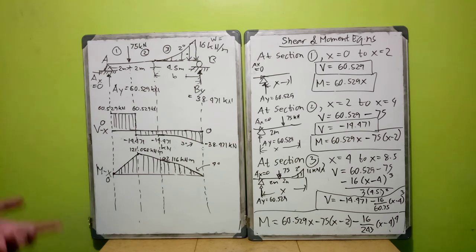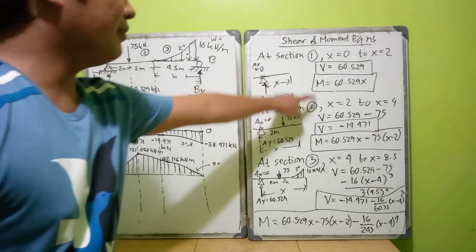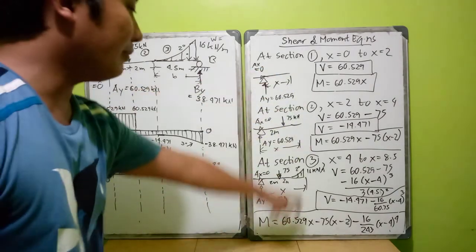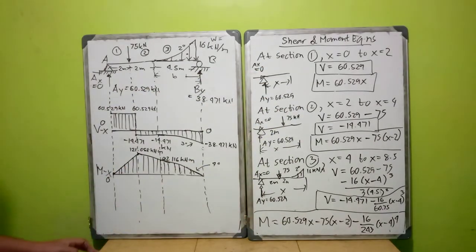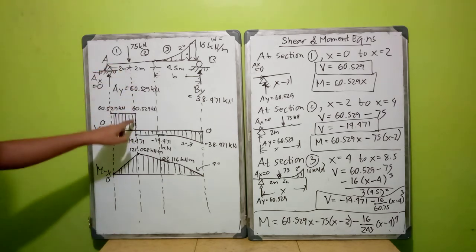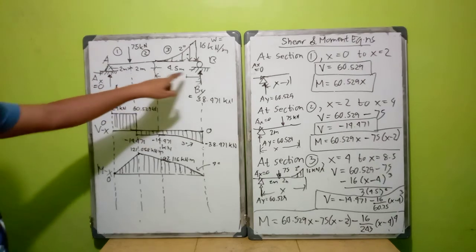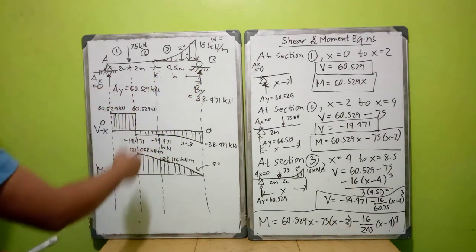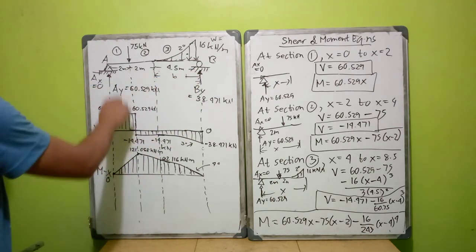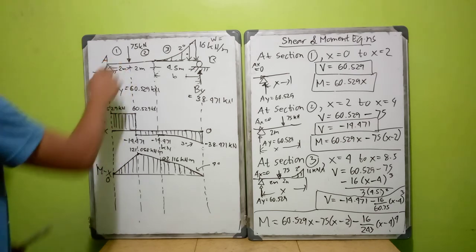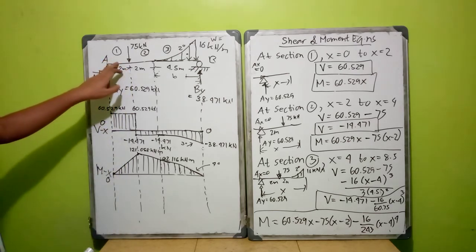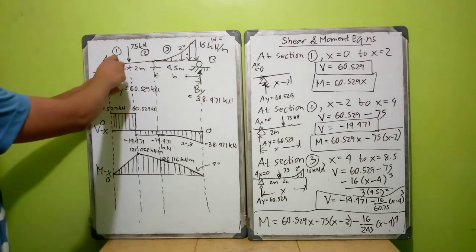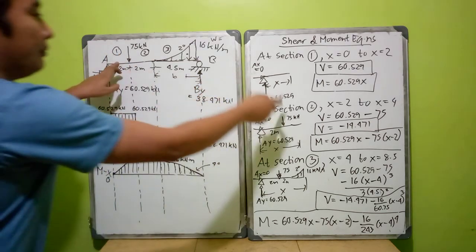Please take note that by using the shear and moment equations, you can find the moment within this range, not just at x equals 2, x equals 4, and x equals 8.5, but at any point in between. For example, x equals 1 meter, you can find its shear and moment.